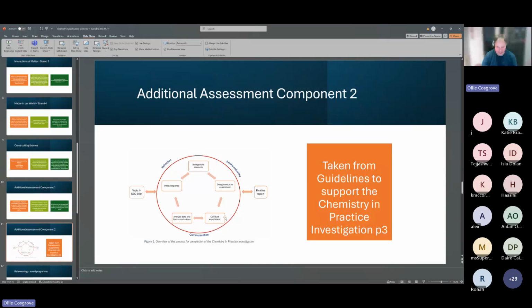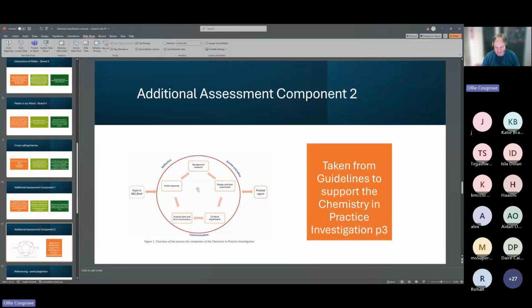You conduct your experiment and you take readings, and you make sure your readings are valid, reliable and accurate. And then you analyze the data, probably, as I said, doing a few tables, do a few graphs, and form conclusions. And they mention this in the specification, in the briefing document that you will get.